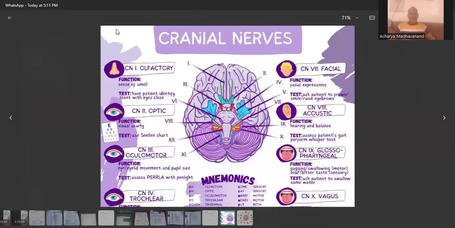First is olfactory, nasal cavity. It is responsible for sense of smell. It is also responsible for sinus problems. You can use it when you see nasal obstruction, sinus problem, rhinitis, sinusitis.